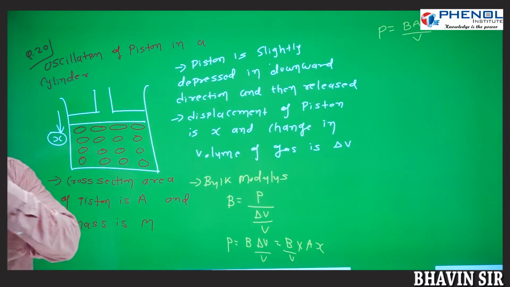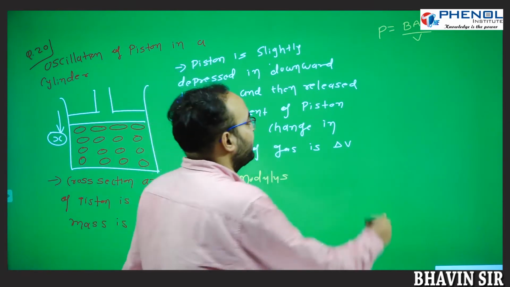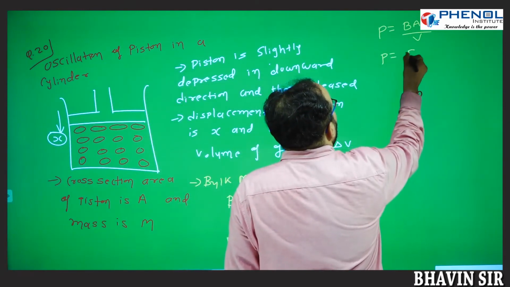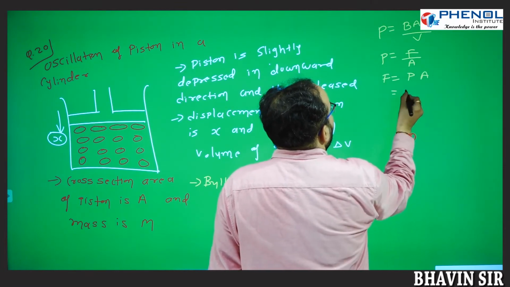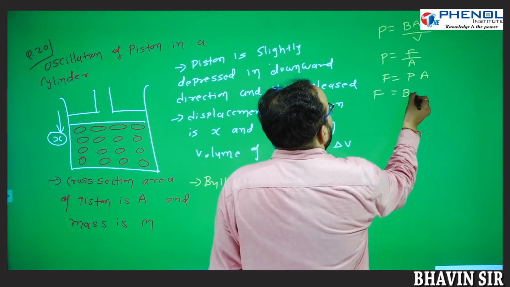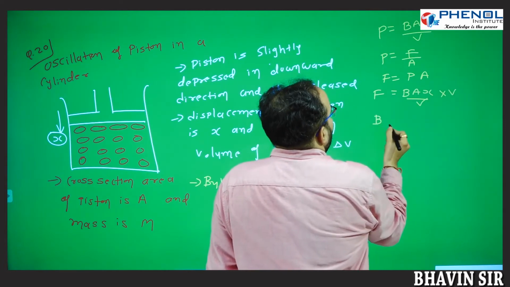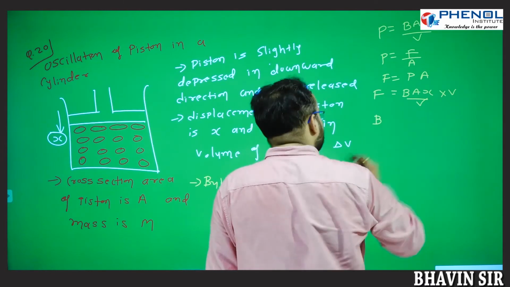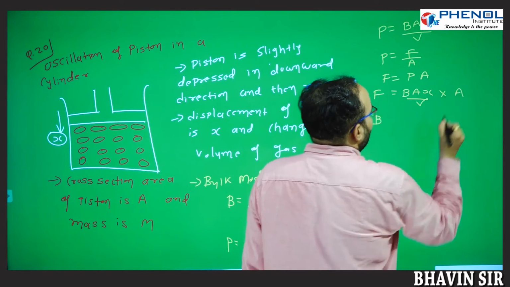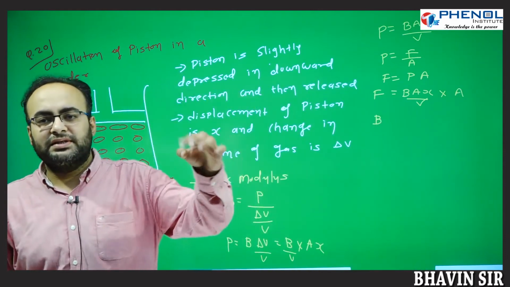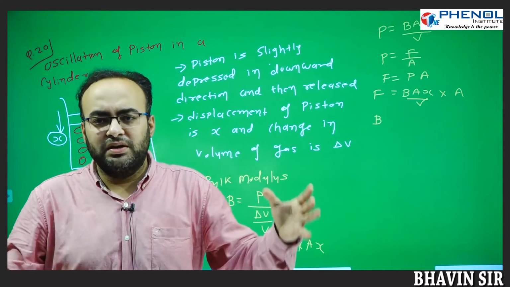Chalo. But if we want to prove SHM, then we find the force. Pressure is equal to force by area, so force is equal to pressure into area. The pressure is BAx by V. So whenever there is a change in volume of a gas, we consider the bulk modulus.